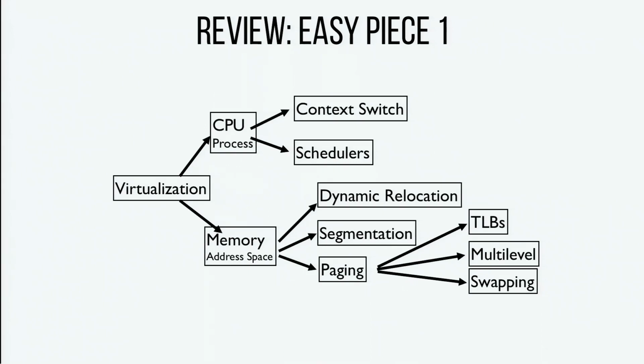And then within paging, we looked at multi-level page tables. We looked at TLBs to speed up that translation from a virtual page number to a physical page number. And we looked at swapping, where you could move pages from physical memory out to disk and back again so that you could support more virtual addresses than you actually have physical memory for. OK, so you should remember something about that type of stuff before Wednesday.